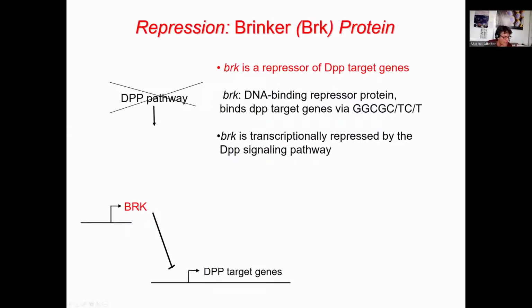And Brinker is a DNA binding protein. It binds to all DPP targets via the same GC-rich sequences like the SMADs and represses them. So in the off state of the DPP pathway, a cell that doesn't need DPP, Brinker is transcribed, Brinker binds to DPP response elements and shuts them down.